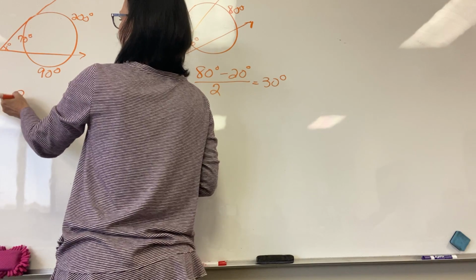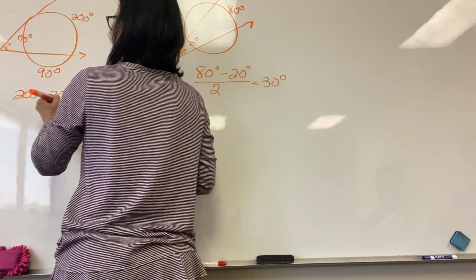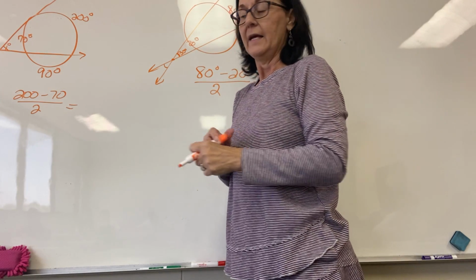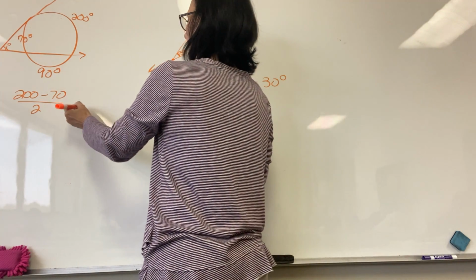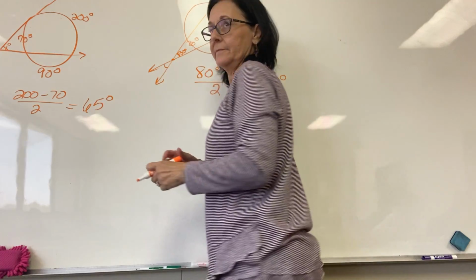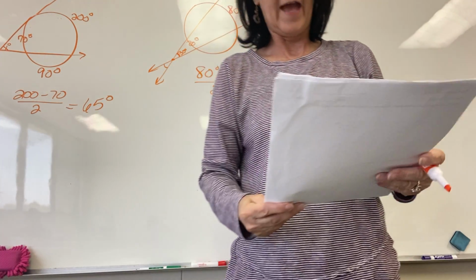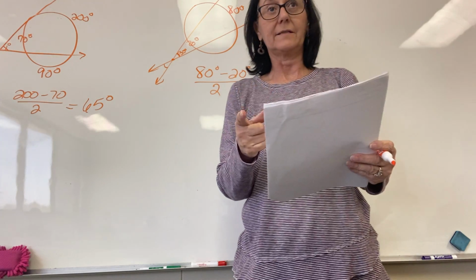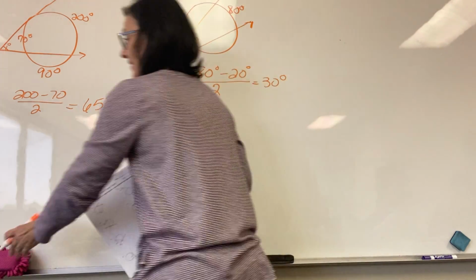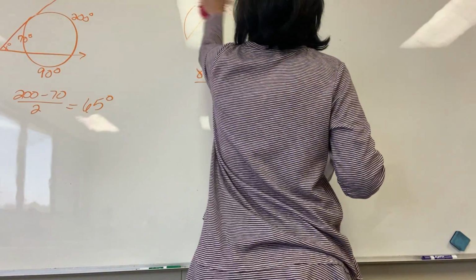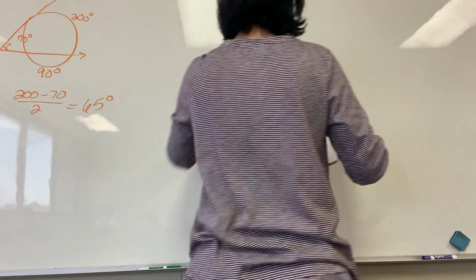So then I take the 200 minus 70 and divide by 2, and what is that? 65 degrees. Okay, so everyone here should get that question right a year from now, right? Of course, it'll look a little different.